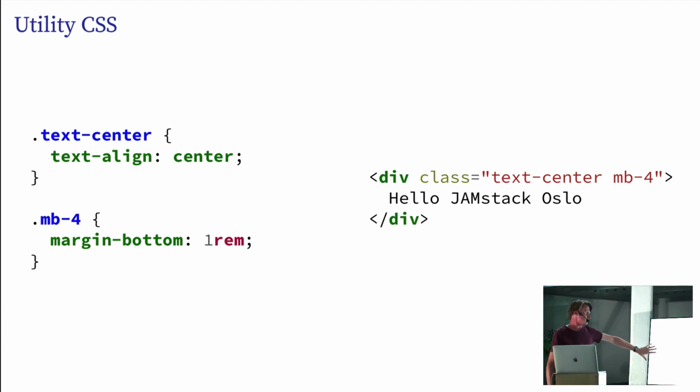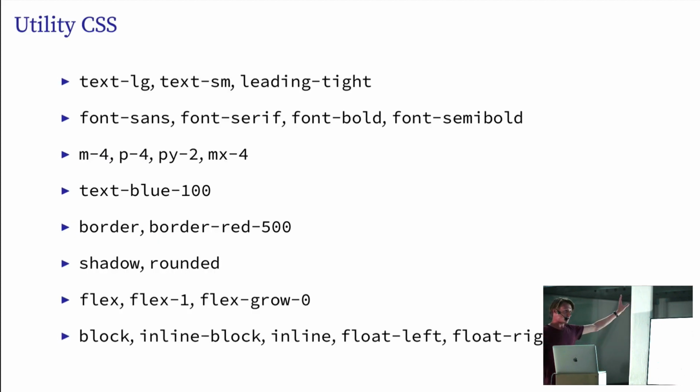The way you use it is that you just add classes to your HTML. So it's really simple. And Tailwind has a bunch of these classes. You can change the text, make it larger or smaller, change the line height, font size or font family, sans serif, you can turn it bold or semi-bold, and you have these helpers for margins and paddings.